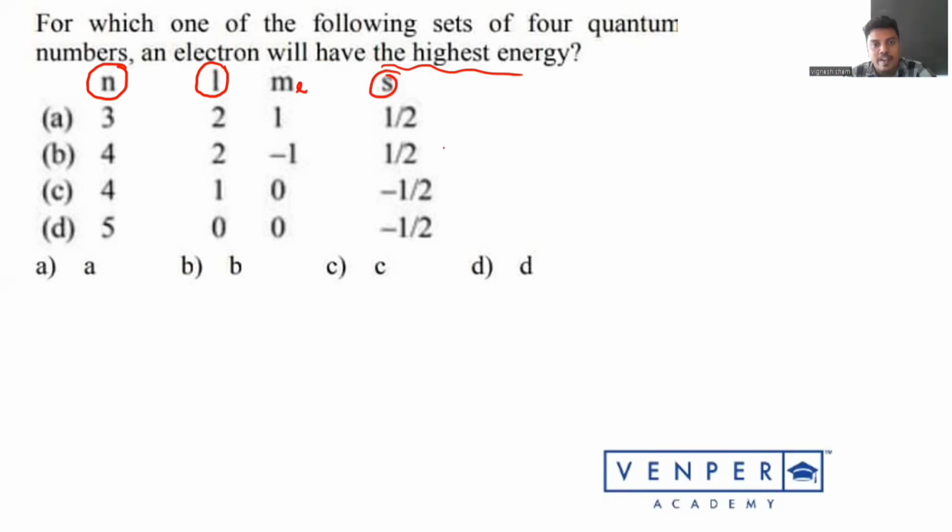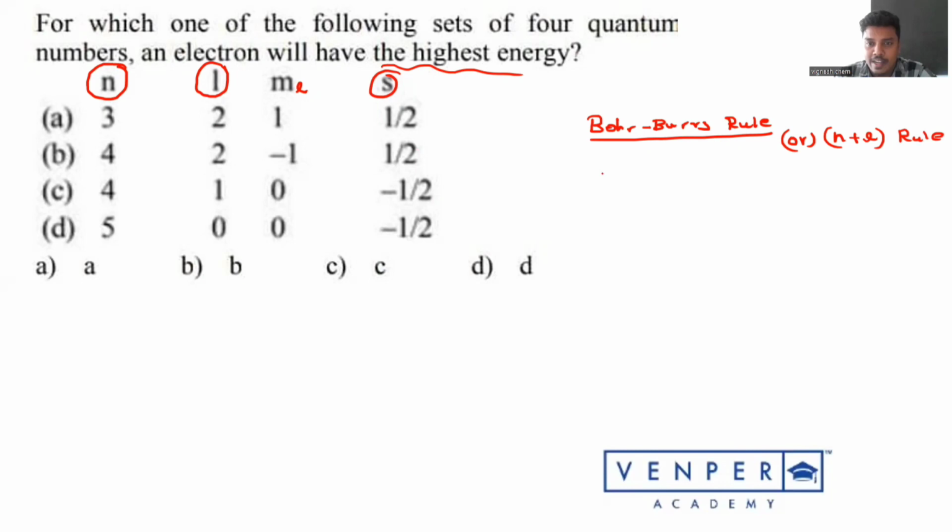Based on the quantum number values, we can find the highest energy. Now, how to find the higher energy? What is the rule? That is called the Bohr-Bury rule, or the N plus L rule. What is N? Principal quantum number.